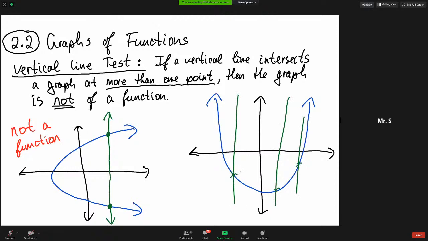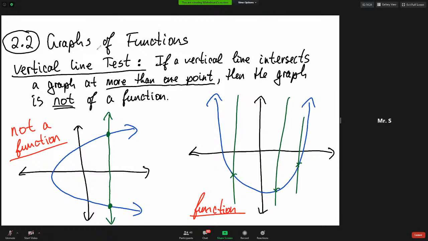Nowhere can I place a line that intersects my graph at more than one point. So this passes the vertical line test. This would be a function, and so on. So that's just a quick shortcut if you're dealing with the graph. That way you can more easily see if it's a function or not by looking at the vertical line test.